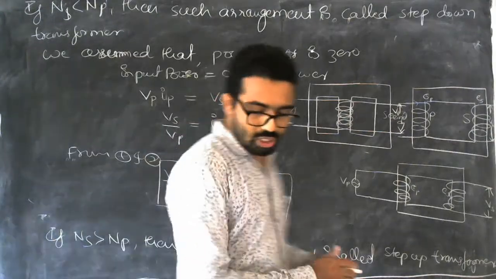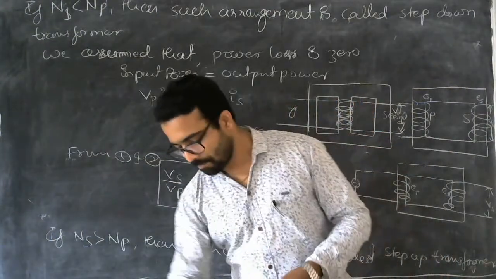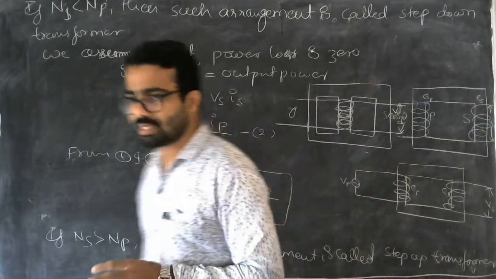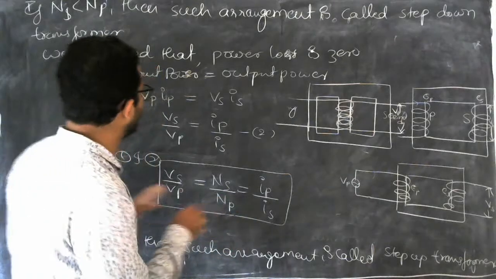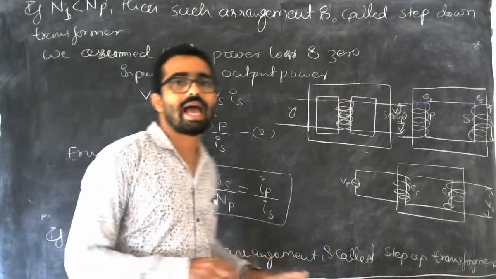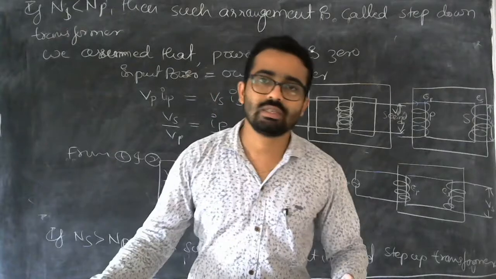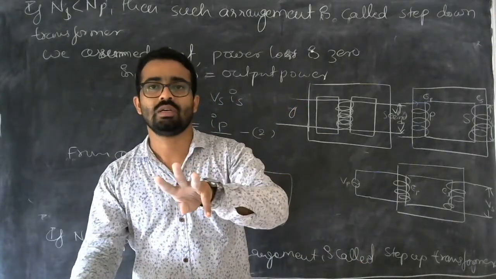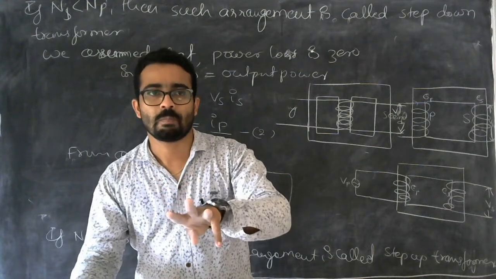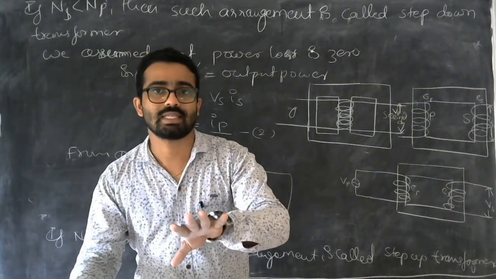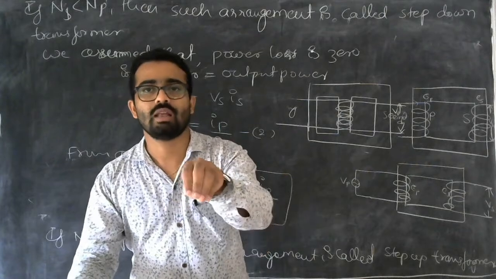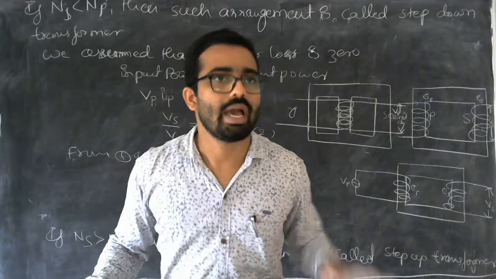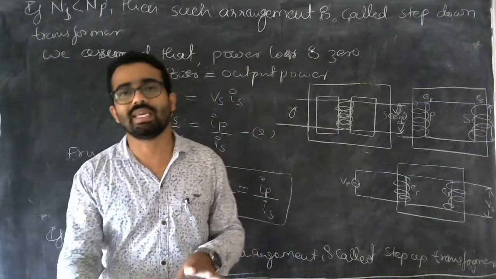So this is about the transformer, and there is some power loss. We told you that this transformer is an ideal one. Ideal means we have assumed three concepts. First, the leakage of magnetic flux through the coil is 0. Another, the resistance of the winding is 0.